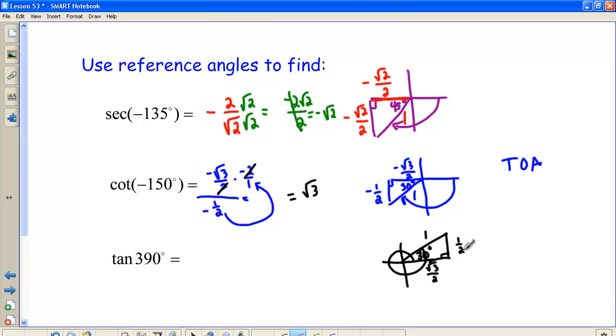So I'm going to have opposite over adjacent. Now, what happened on this problem is going to happen here too. So basically your denominators are going to cancel out. You're going to have 1 over radical 3, which we know will rationalize to radical 3 over 3.